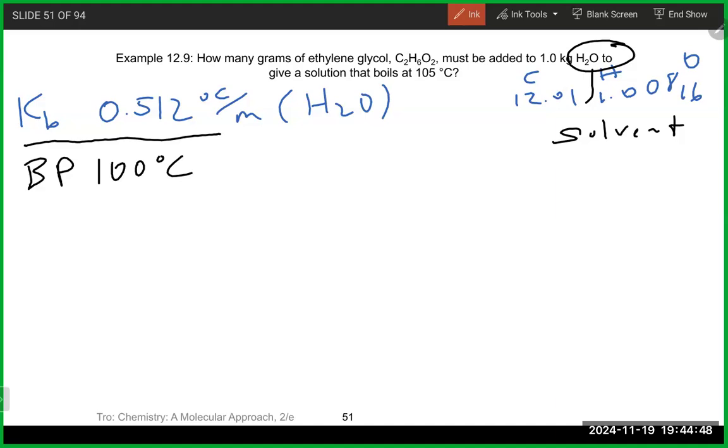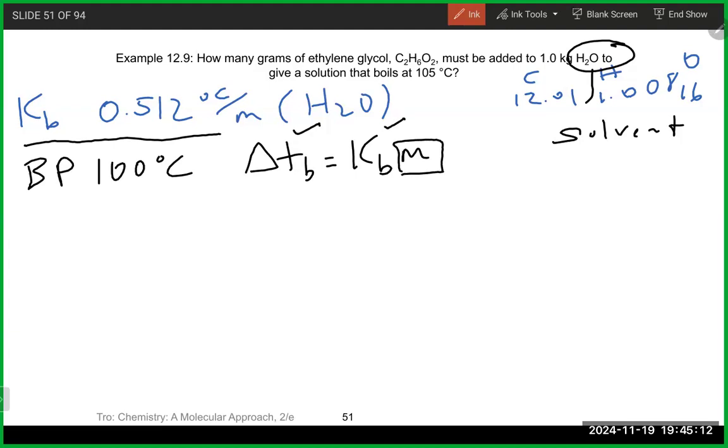Here again, we're looking for how many grams of our ethylene glycol, which is our solute that's dissolved in this solution. And really, we have just the boiling point temperature. So once again, we could use our boiling point equation, which is very similar to the freezing point one. And we have the KB. We could figure out our change in boiling point.